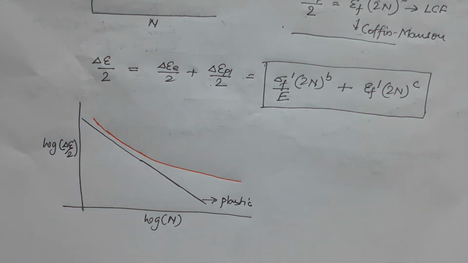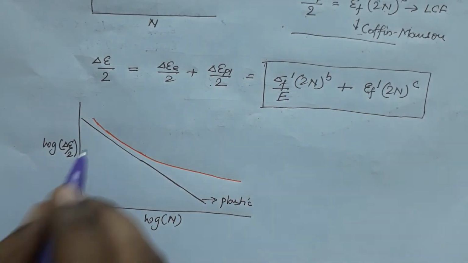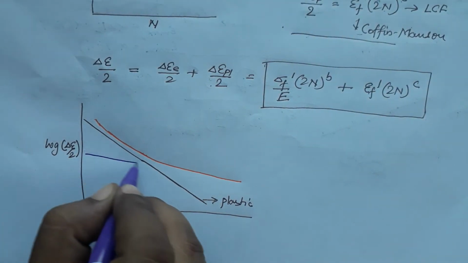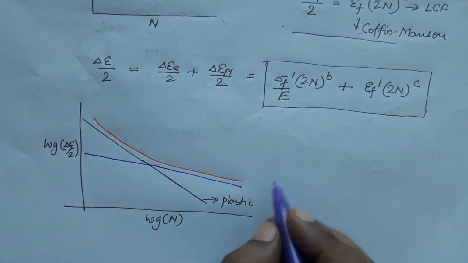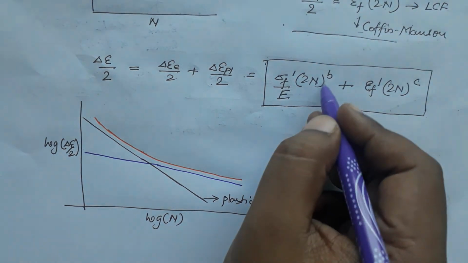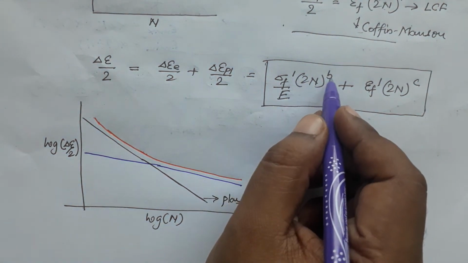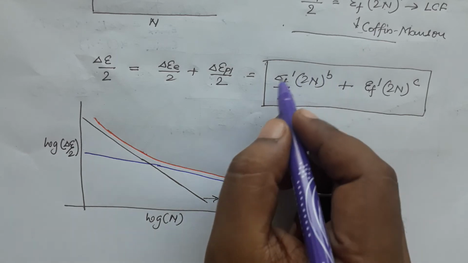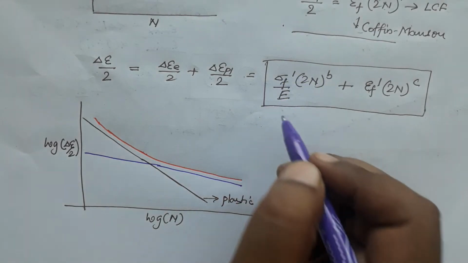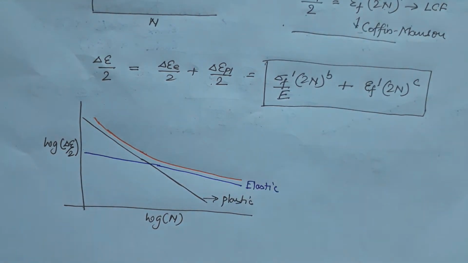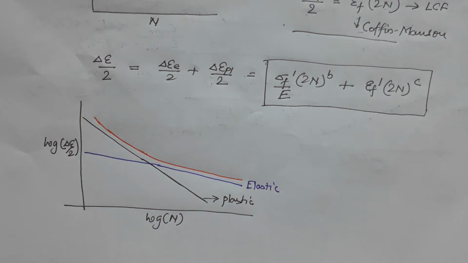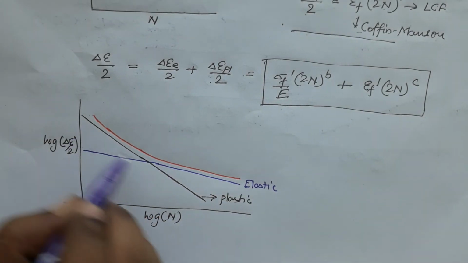And then if we draw the elastic one, then we will have something like this. Again because we are plotting log log, you will have the slope of this curve as b and the intercept will be log of sigma f dash by E. So, this is my elastic part of this equation, and you can find out the intersection to find out the transition, when the transition happens from elastic to plastic.